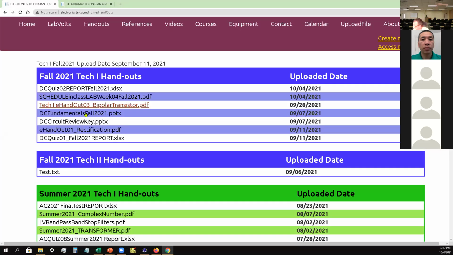So I go to the website, and where do I find the report? Under which tab? Under the handout. Oh, okay, I go to handouts. Later on, you have to get along with the way we do it. Go to the website.